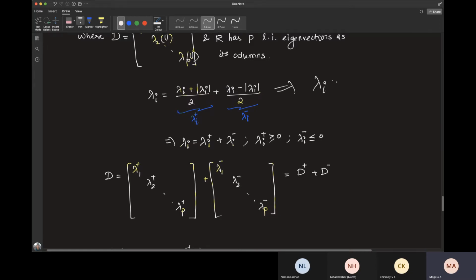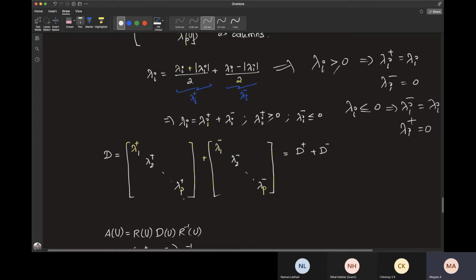Whenever lambda i is greater than 0, lambda i plus will be equal to lambda i, and lambda i minus will be equal to 0. Similarly, whenever lambda i is less than or equal to 0, lambda i minus will be equal to lambda i, and lambda i plus will be equal to 0.